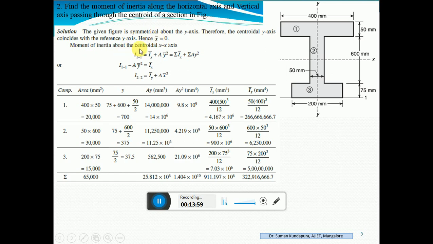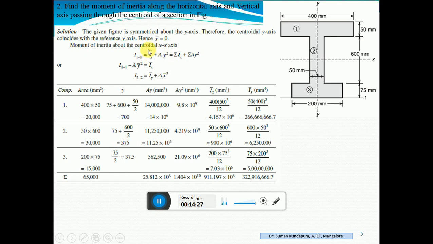Now, the moment of inertia about the centroidal axis xx: it is not symmetrical about the xx axis. So I will consider a reference axis 1, 1 at the bottommost corner. So I11 is equal to Ix bar plus Ay bar square.